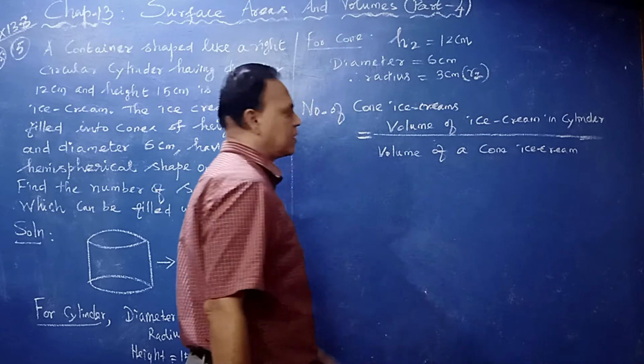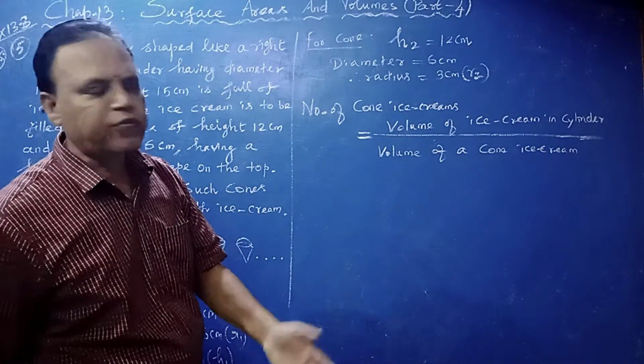Cone ice cream is what? Volume of cone plus volume of hemisphere. Okay.